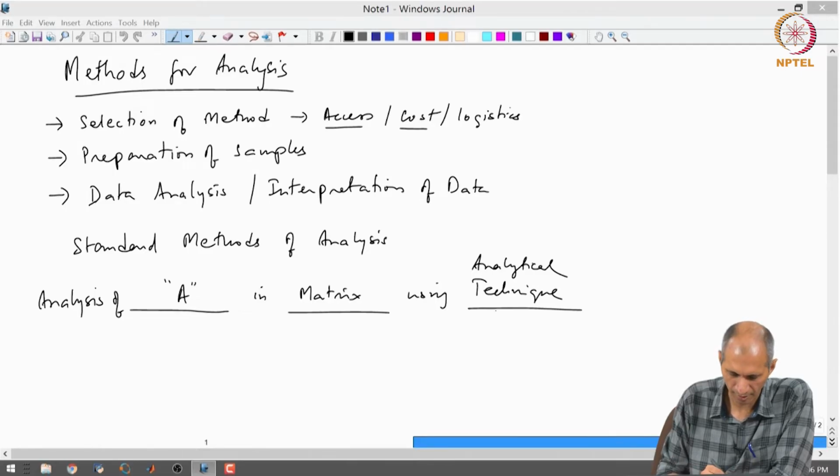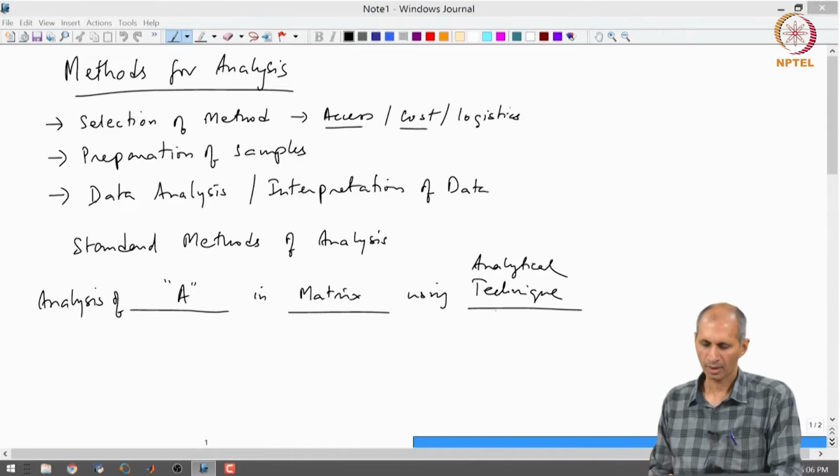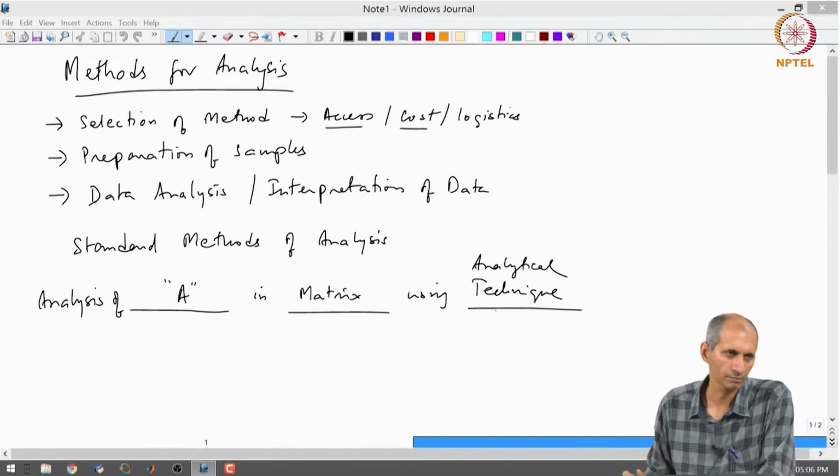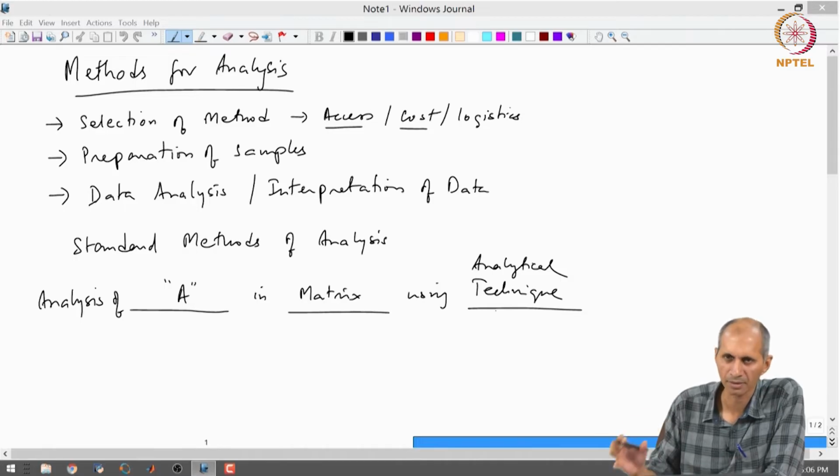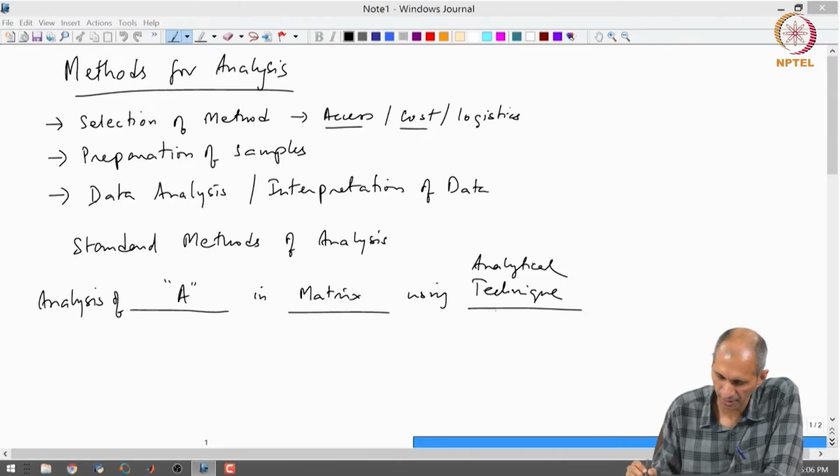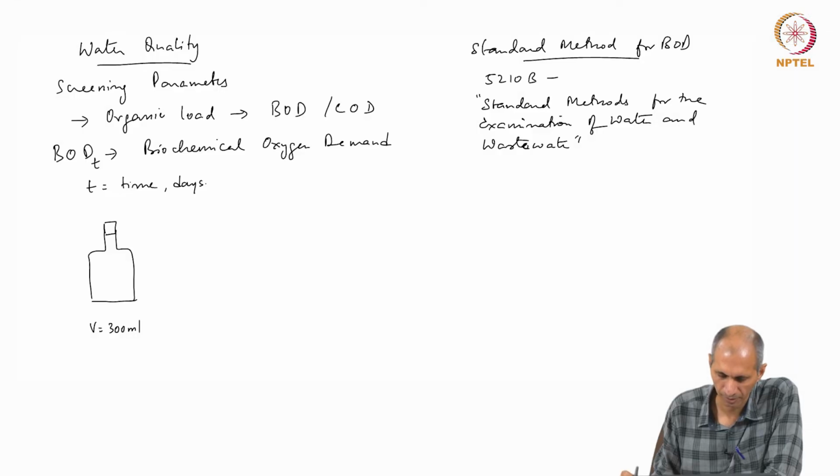The three important things in the standard methods are the analysis or measurement of the pollutant in a matrix using an analytical instrument, using a technique. If you know these three things, that constitutes one complete methodology that is used for doing it.